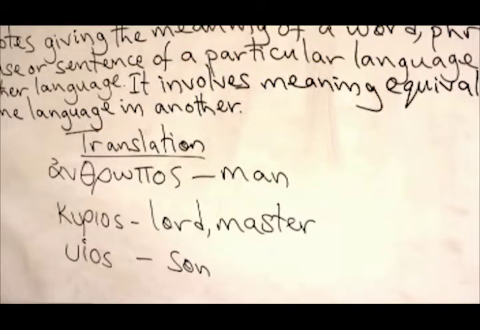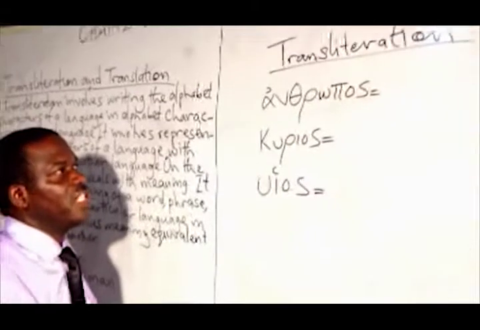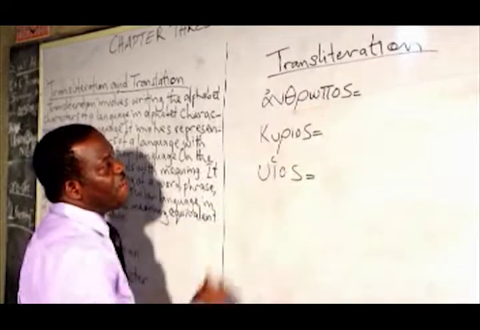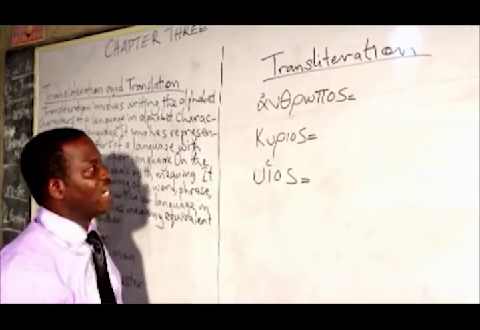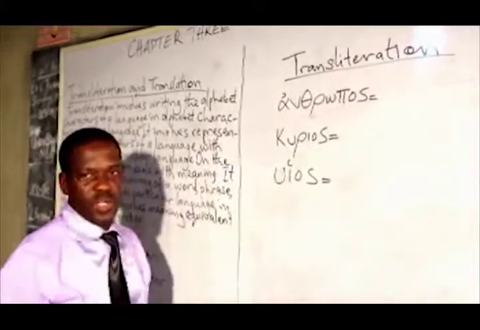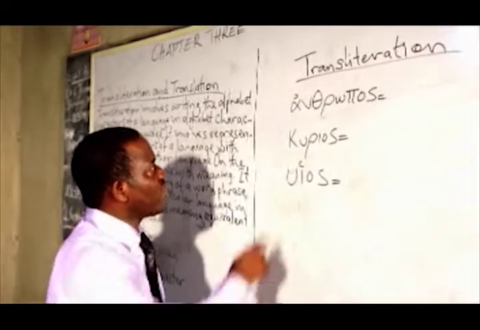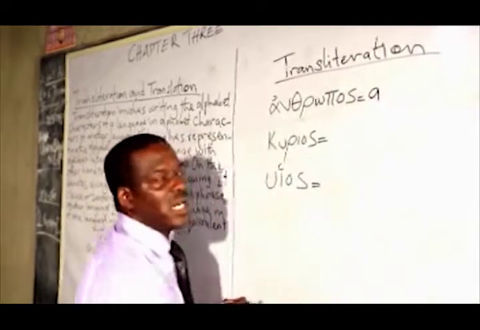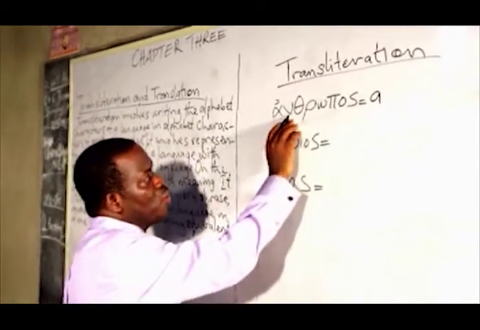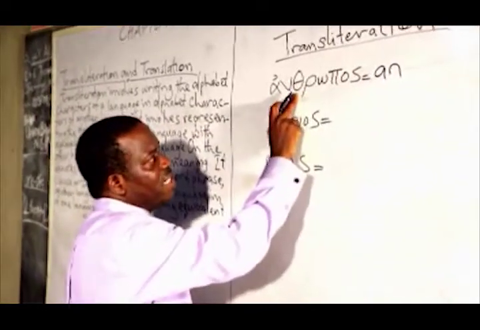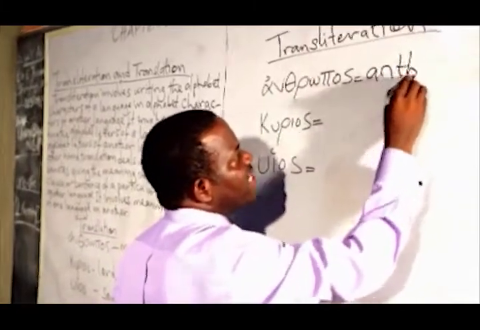This will take us to the second one, transliteration. Transliteration does not deal with meaning, but the representation of alphabet characters of one language in another language. These are Greek characters now, forming these words. We're going to look at them one after the other. Here we have the first letter as alpha, and it's equivalent to English A. The second one is nu, equivalent to English N. Then the next one is theta, which is equivalent to English TH.